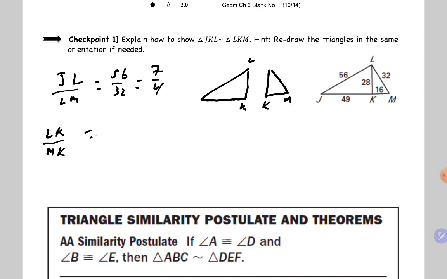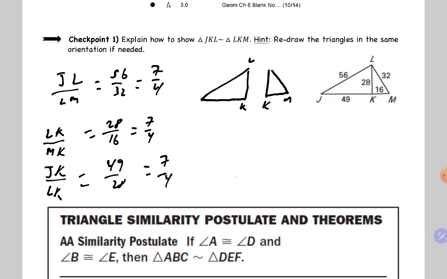So this is 28 over 16, and this is 7 over 4. And then we do the last remaining side, which is not the longest, but the second longest side of the left, which is JK, over LK, which is the second longest of the right triangle. 49 over 28 equals 7 over 4.